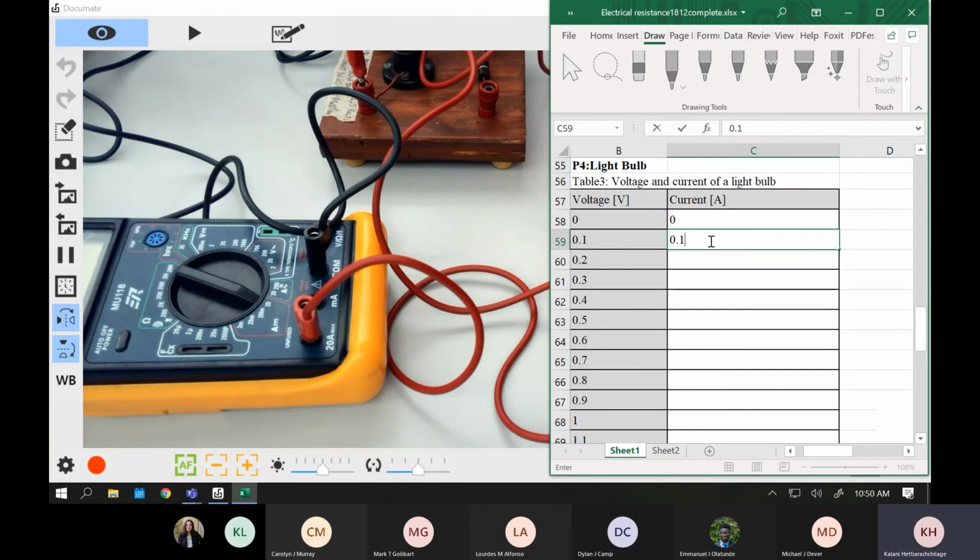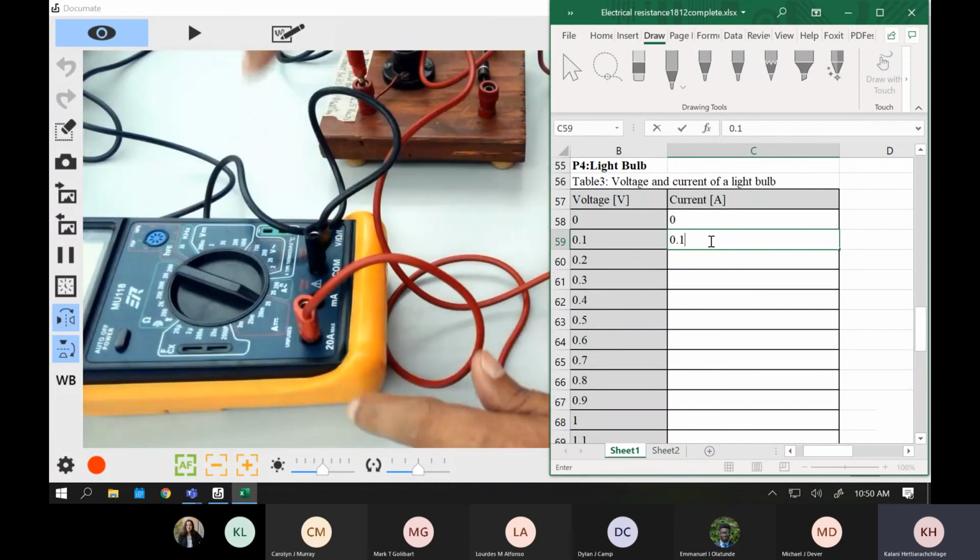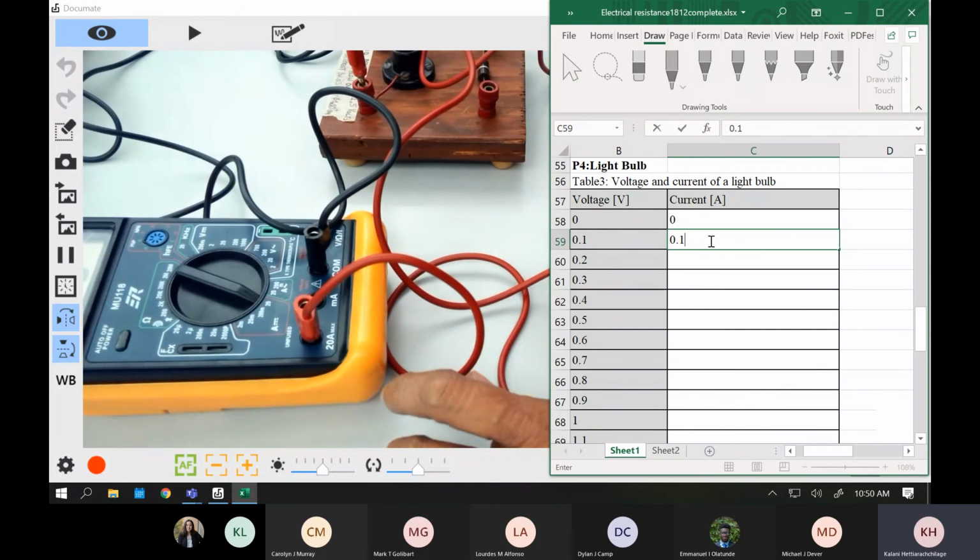Okay, so let's move to the next point, and don't worry about that. This is not linear. You will see fluctuation of the numbers. You don't need to worry about that. You're just going to write the numbers you are getting from your readings.